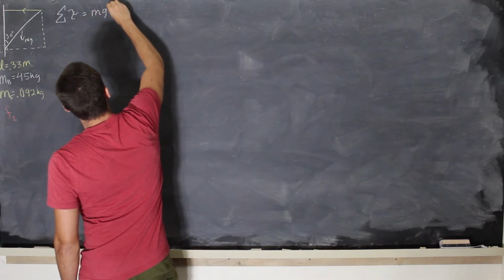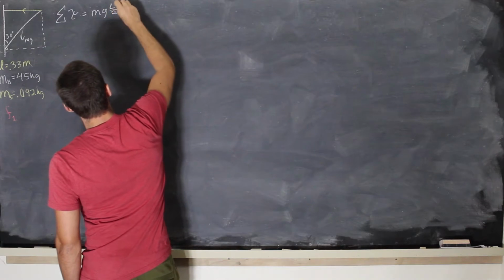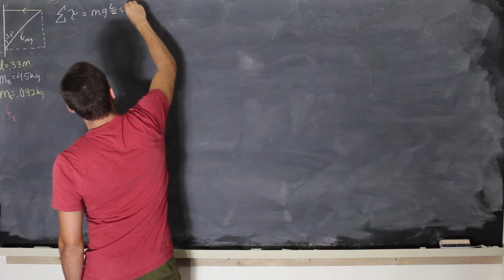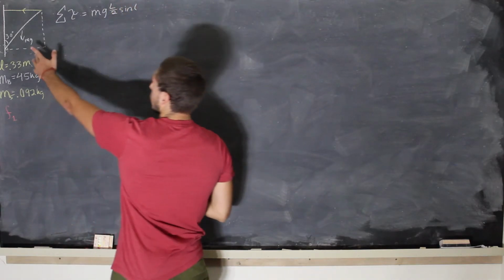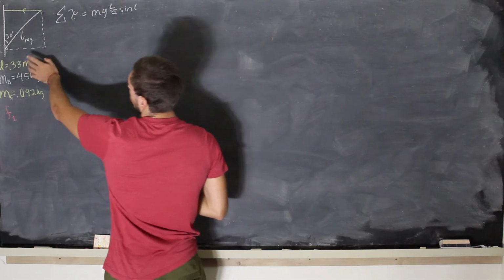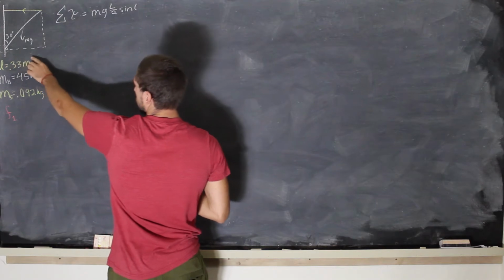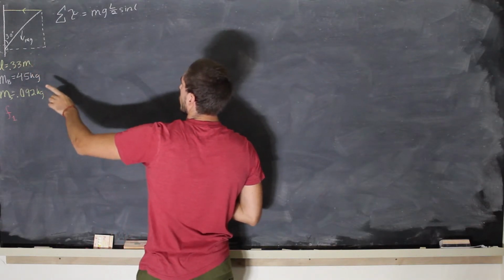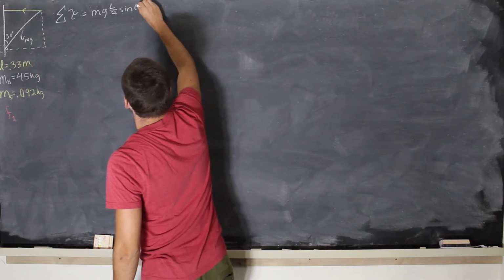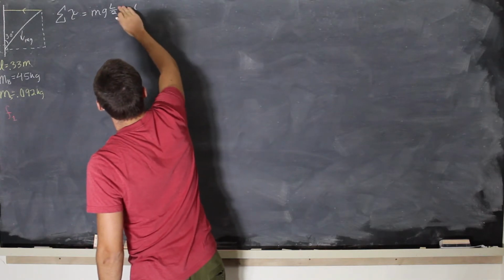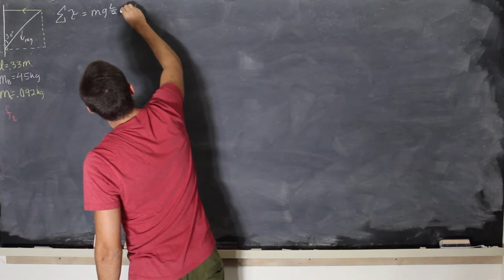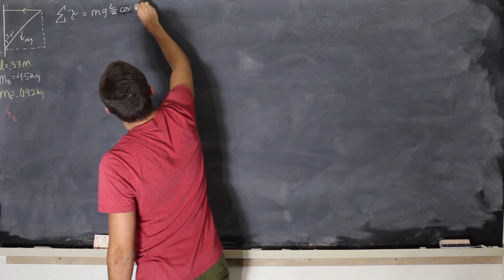mg length of the bar over 2 times sine of, and we're going to want to line up the forces. So since the cosine of 60 degrees is perpendicular to mg, we're going to do cosine of 60 degrees.